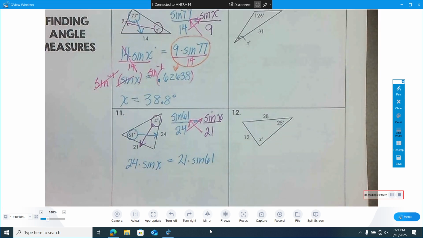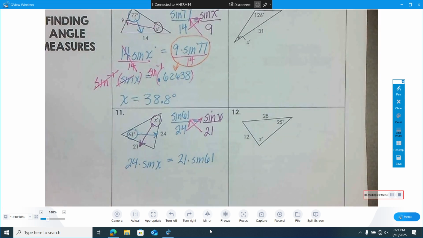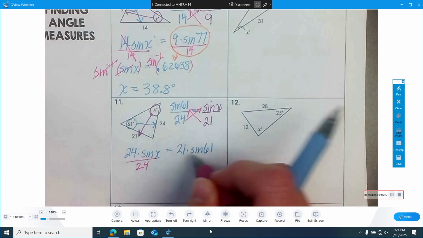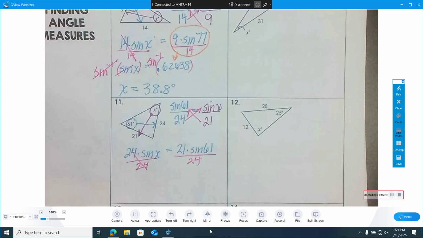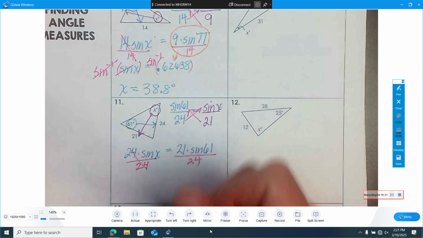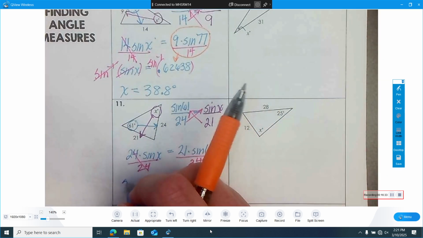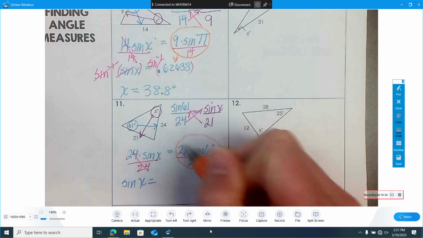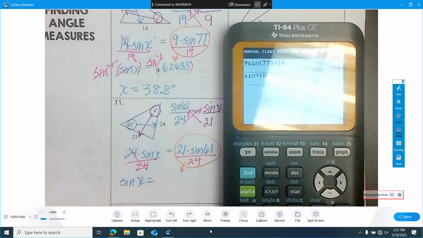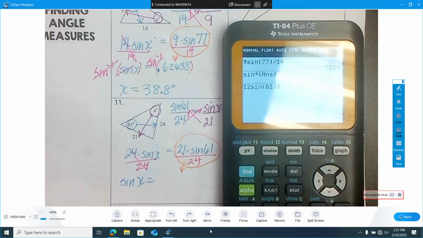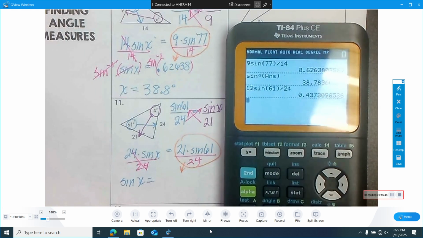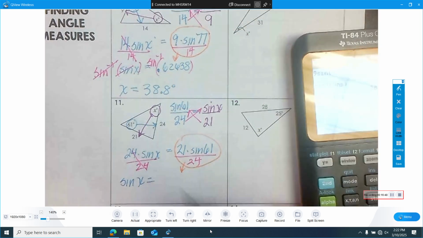What do I need to do next? Divide both by 24. Good. That's going to give me sine of x equals, and all of this I can put in my calculator pretty quick here. 21 sine of 61 divided by 24. We get 0.4373.